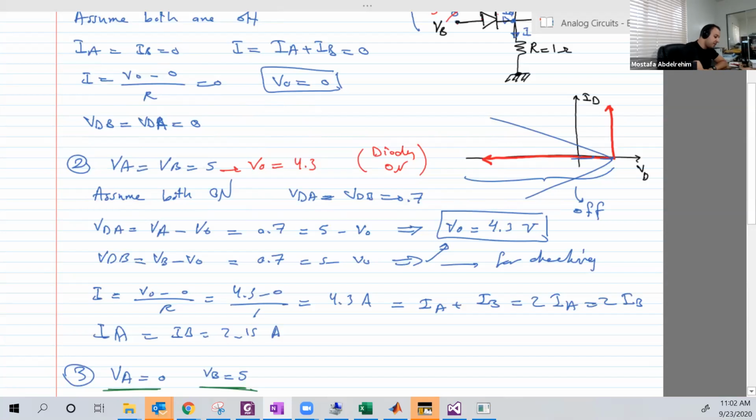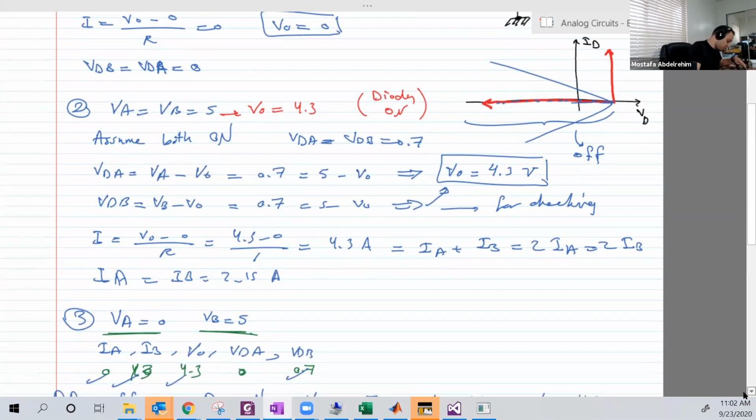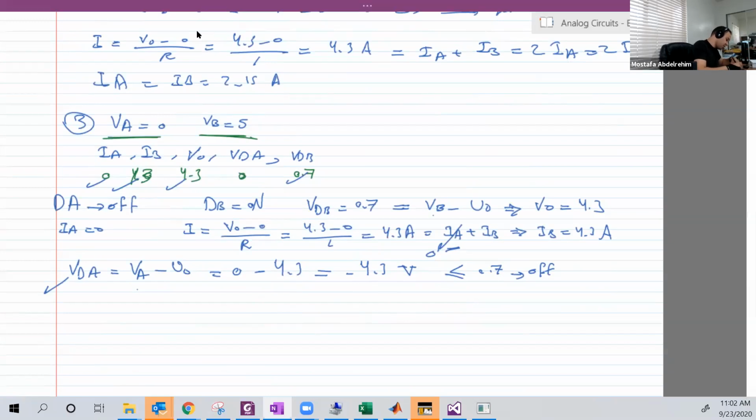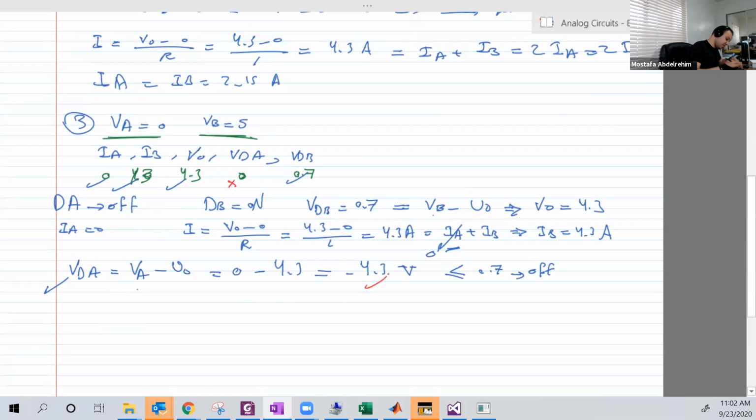It can be anywhere on that horizontal red line. All these points have the same characteristic for the diode: the diode is off, its current is 0, but the voltage can take any value based on the circuit. Okay, that's good. So this was wrong, and that's right.